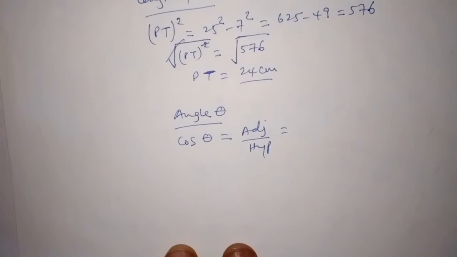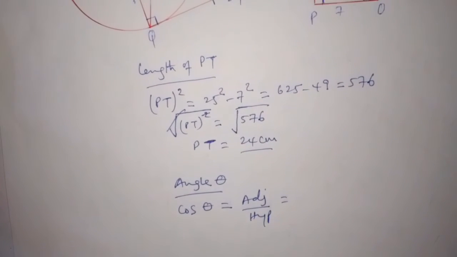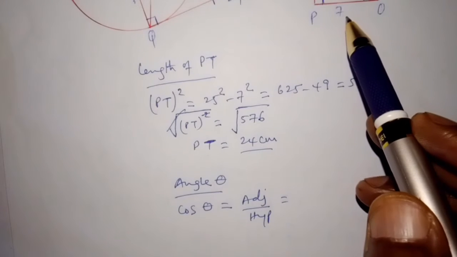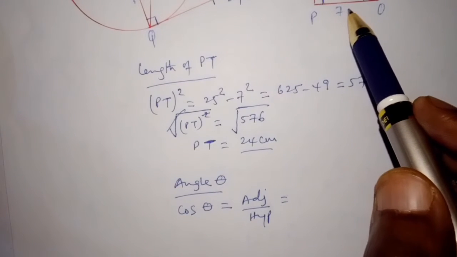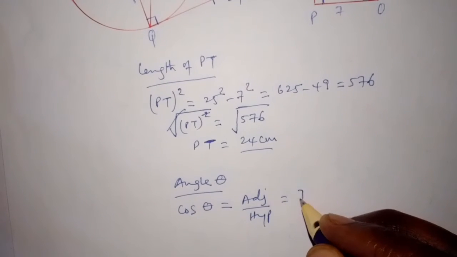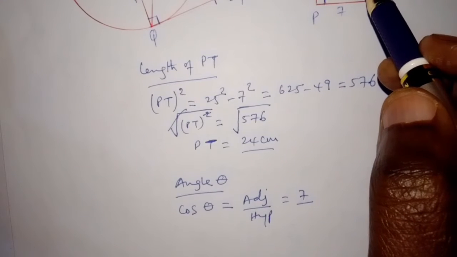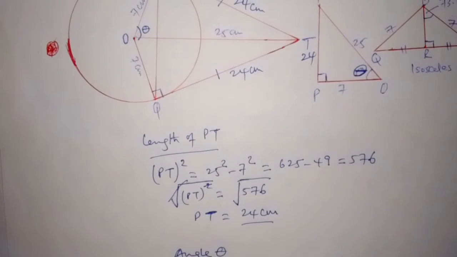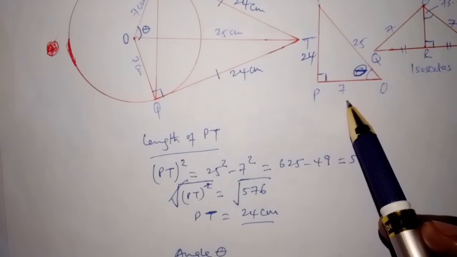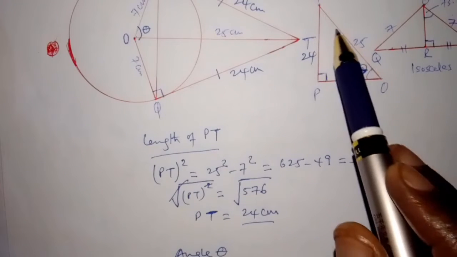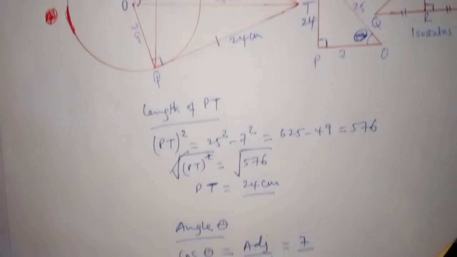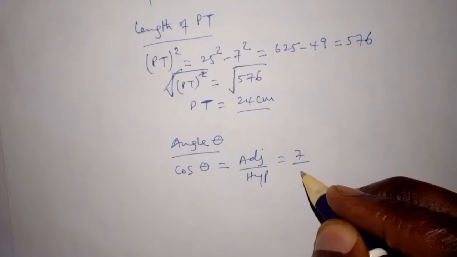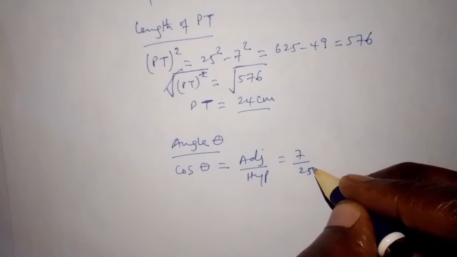So our adjacent here is 7. Our hypotenuse is 25.